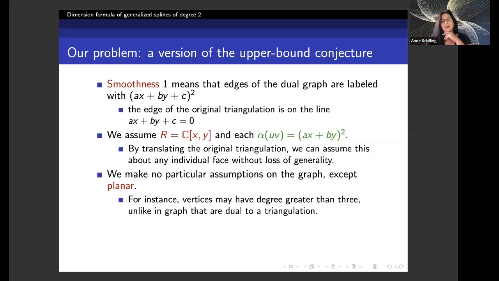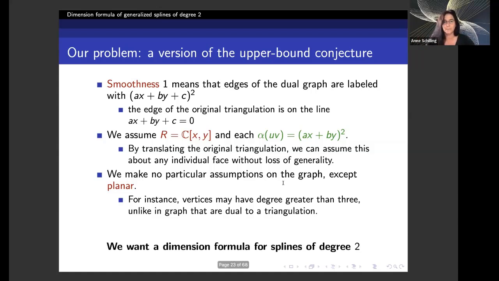But later in the talk, you will see that in some cases, to make certain statements, we will have some conditions on the graph, but I will state them when I get there. For right now, we are just going to assume that the graph is a finite planar graph, and we usually work with a planar embedding of the graph.